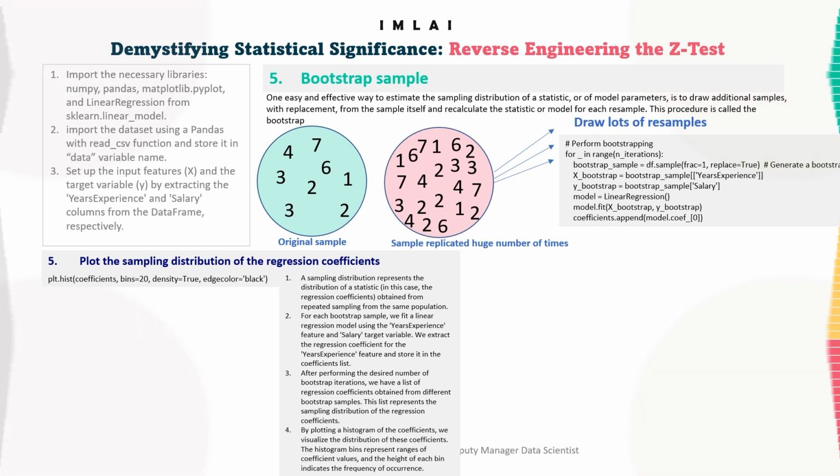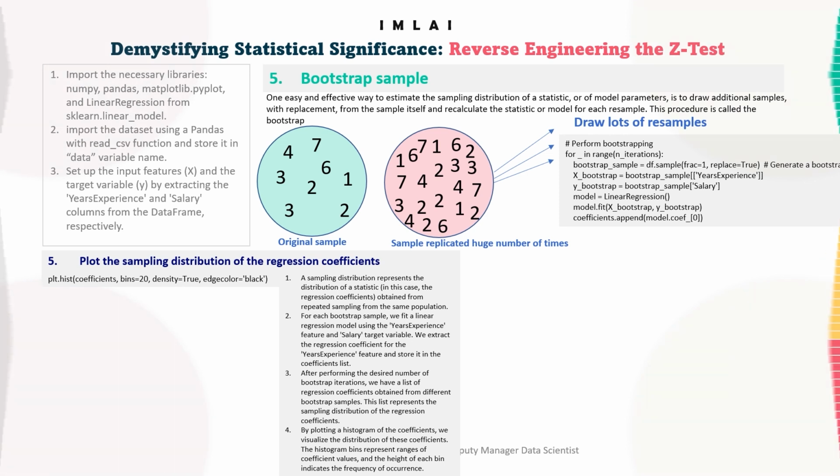The histogram bins represent the range of coefficient values, and the height of each bin indicates the frequency of occurrence. So the sampling distribution helps us understand the variability and uncertainty associated with the regression coefficients. It provides insights into the range of possible coefficient values and the likelihood of observing certain values.